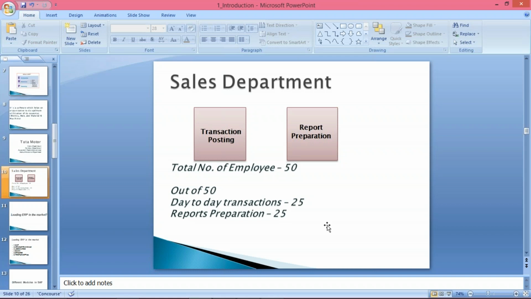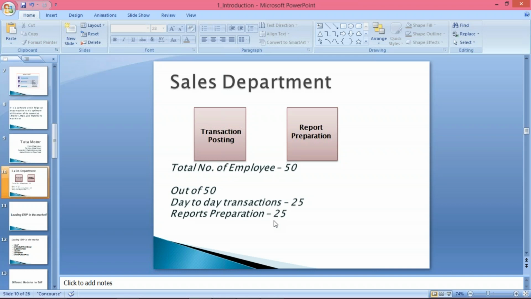So now look at the differences. Earlier, the sales department needed 50 employees. Now the sales department will be able to manage all their transaction related activity with only 25 people. The remaining 25 people who were involved in report preparation, Tata Motor is going to engage in a different activity.